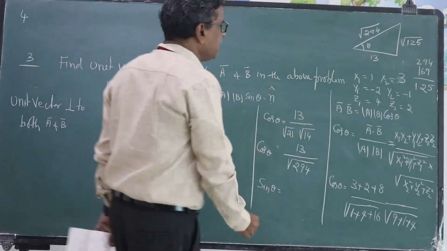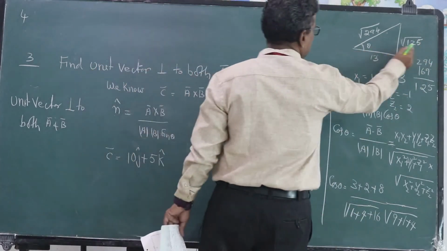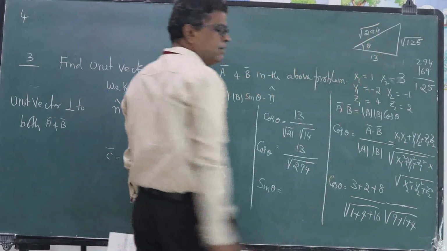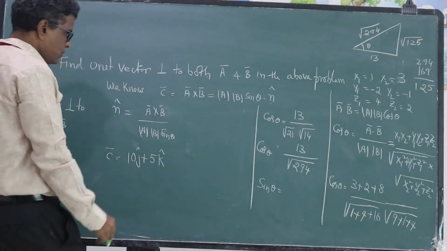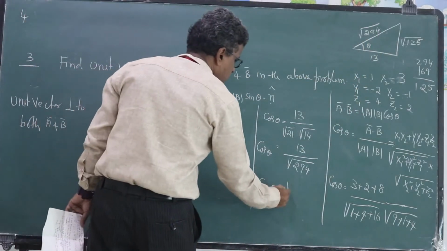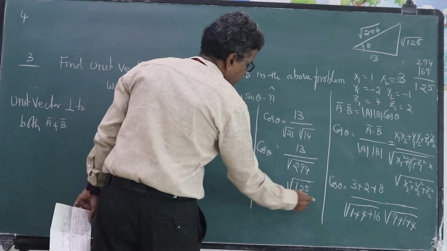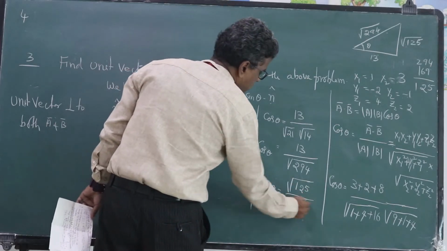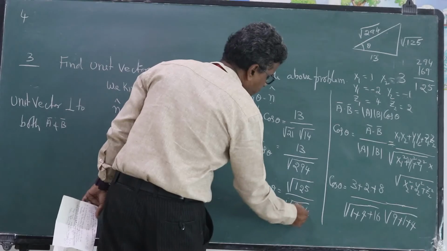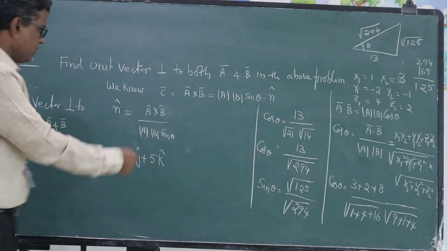So what is the sin theta value? Sin theta is square root of 125 by square root of 294. That is the sin theta value.